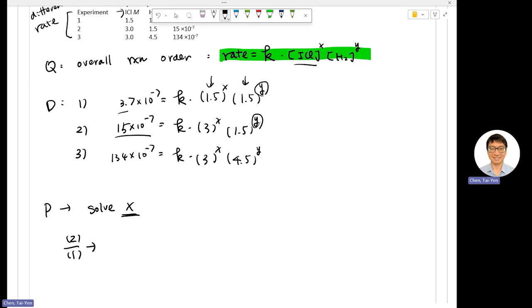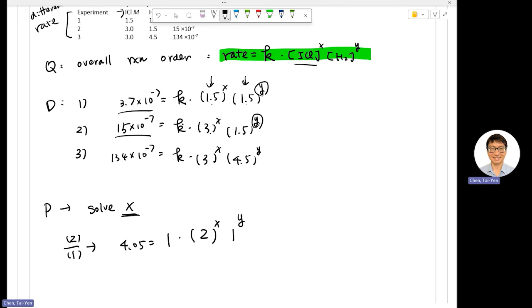So this divided by that, you're going to get a value of 4.05. k divided by k gives you a value of 1. 3 divided by 1.5 gives you a value of 2 to the X power. 1.5 divided by 1.5, that's 1 to the Y power, right?